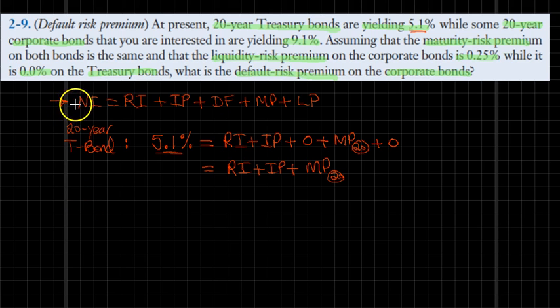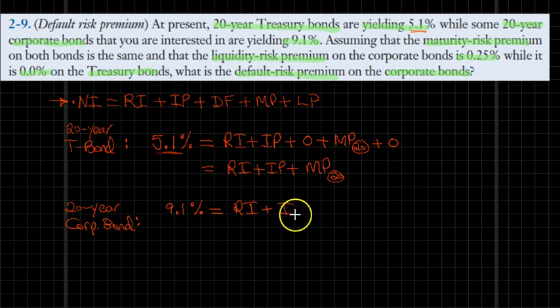Now let's go back and apply this initial formula to the 20-year corporate bond. The nominal interest rate for the corporate bond is 9.1%, and that's equal to the real risk-free interest rate plus the inflation premium plus the default risk premium, which is basically the question.